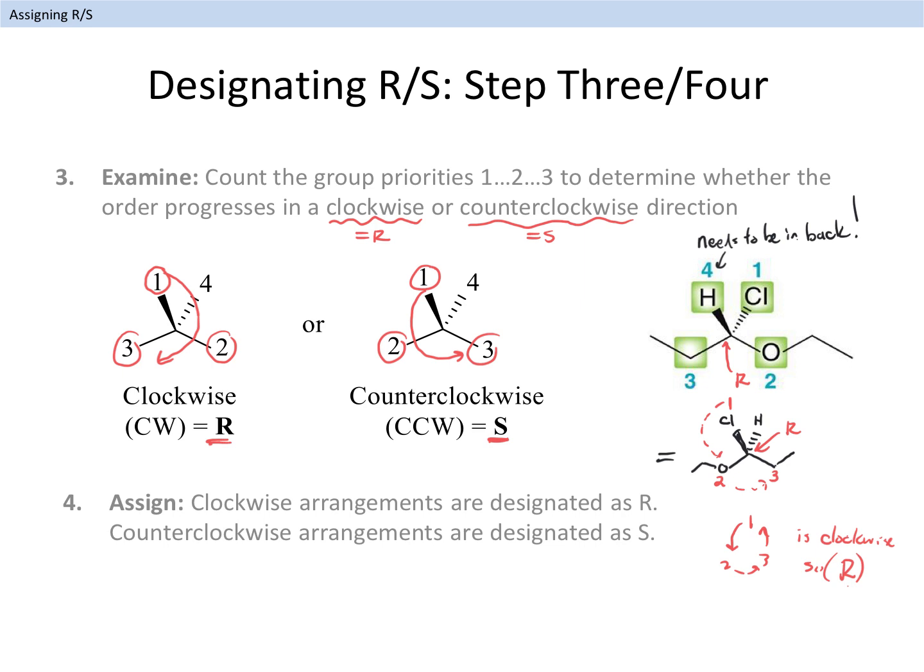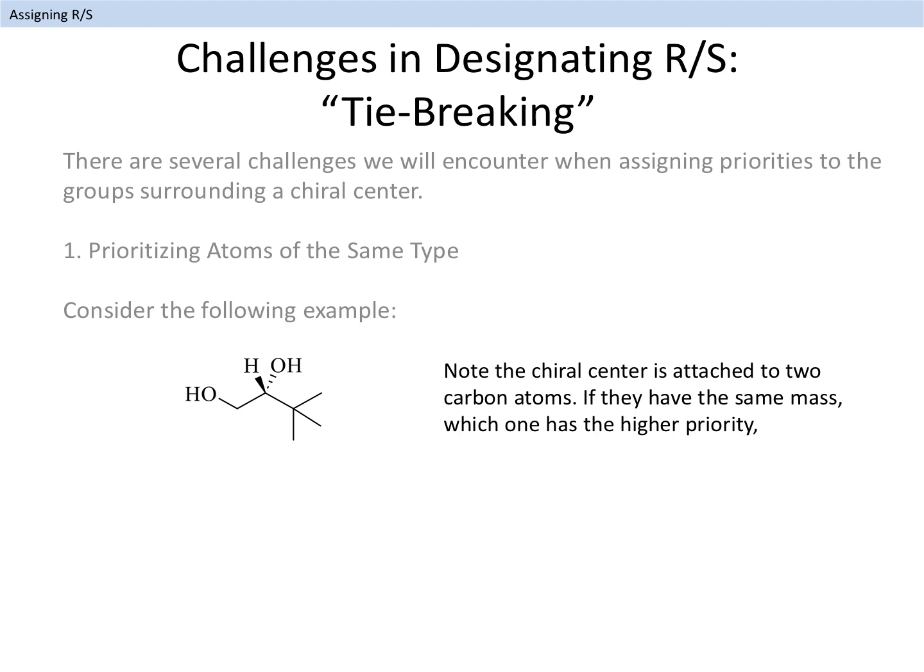To help you understand these nuances and practice the method, we will work through several example problems. These exercises will not only reinforce the basic steps, but also extend our skills in addressing more complex scenarios involving chiral centers. There are several challenges we will encounter when assigning priorities to the groups surrounding a chiral center.